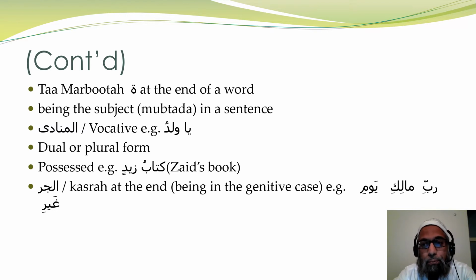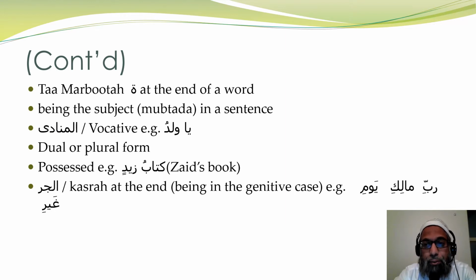So examples of huruful jar, or examples of prepositions of the genitive case, are, for example, ala. Ala means on top. Okay, ila means to. Min means from. Okay, and bi, for example, bi is a preposition, a single letter, bi, with a kasra underneath it.